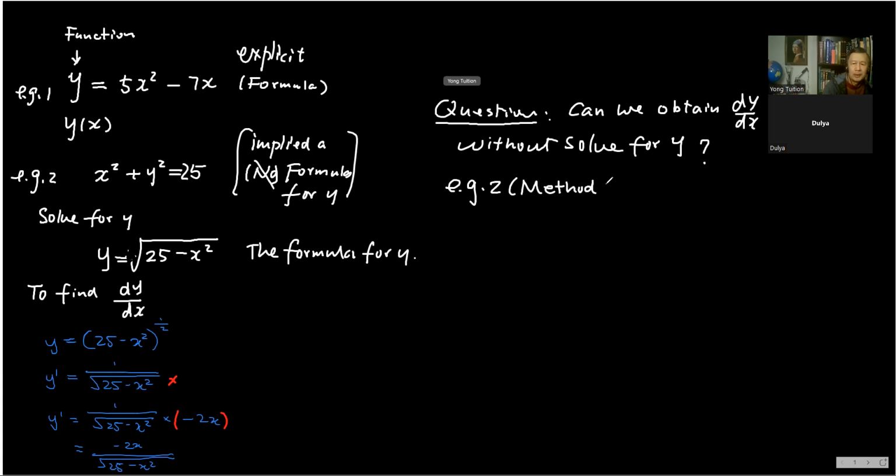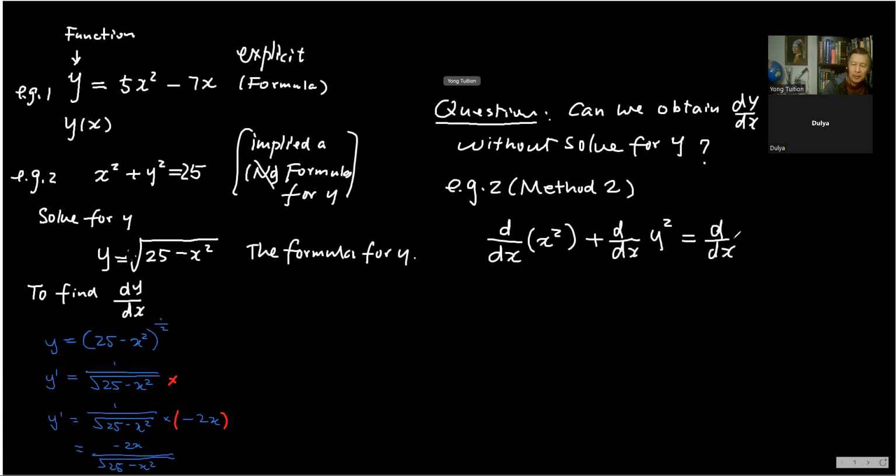Method 2. What do we do? We know that x and y are variables. So we can just use differentiation with respect to x on the first term, and also on y squared. We differentiate every term.